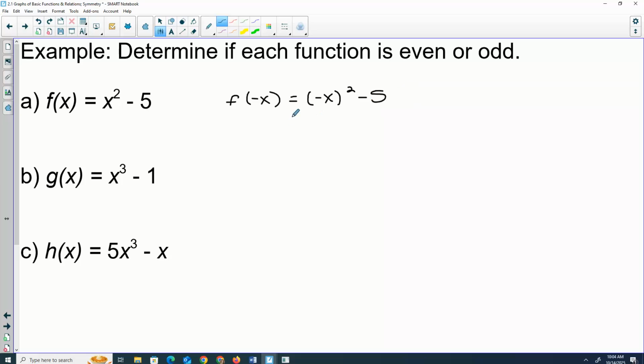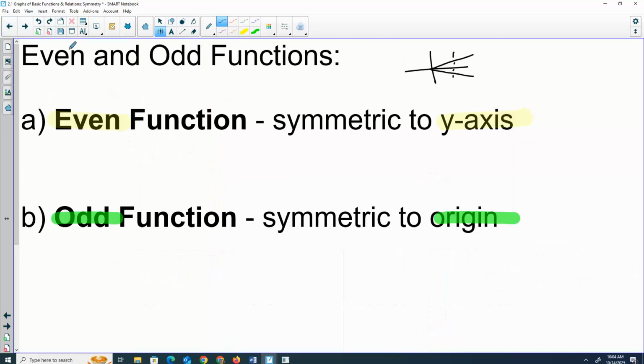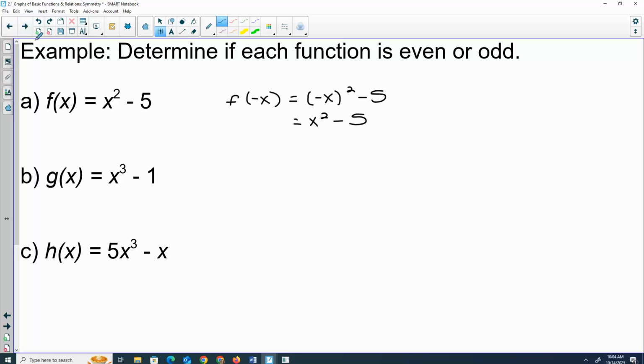When I do this, a negative squared is positive. So positive and negative x give me the same thing. That's symmetric to the y, when positive and negative x are equal. So the definition of even, symmetric to the y, means f of negative x is equal to f of positive x. So if you plug in negative x and get the original back, that is an even function.